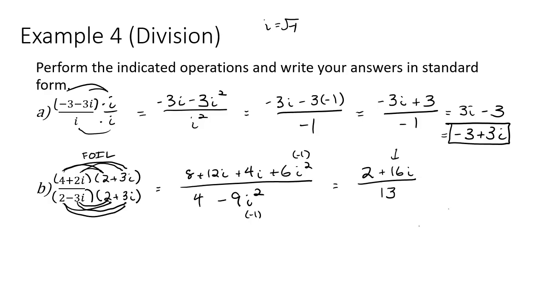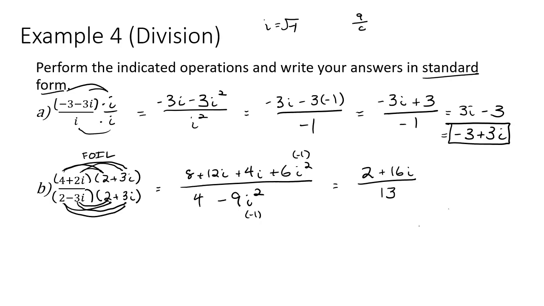Now this works as a final answer, and if you left it like this on an exam, I would be perfectly happy with that. This is not quite considered standard form though, a plus bi, because it's still all over 13 in this case. So what we're going to do is use properties of fractions to break this up. All right, you guys know how fraction addition works.